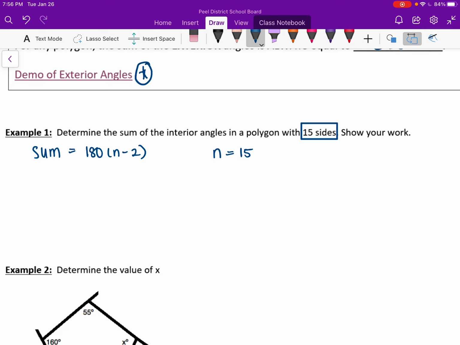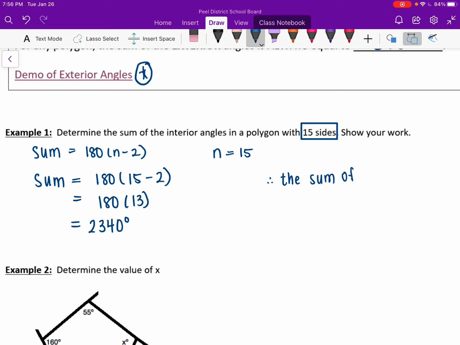I'm going to plug in n here, so I get 180 times 15 minus 2. I have to do what's in the brackets first. 15 minus 2 is 13. So let's do 180 times 13. That's going to give me 2,340 degrees.